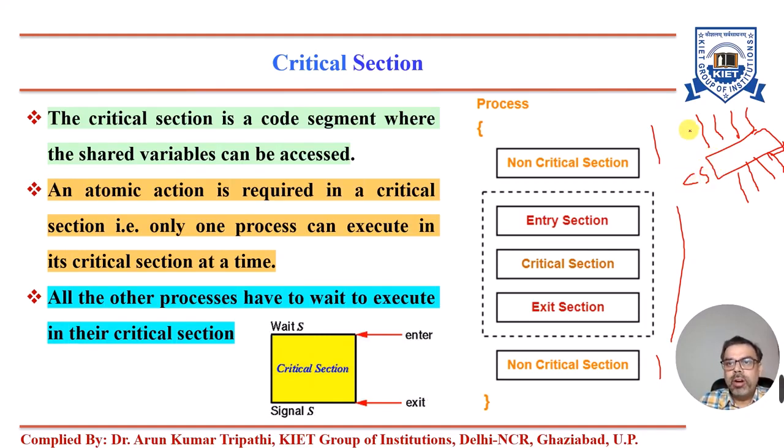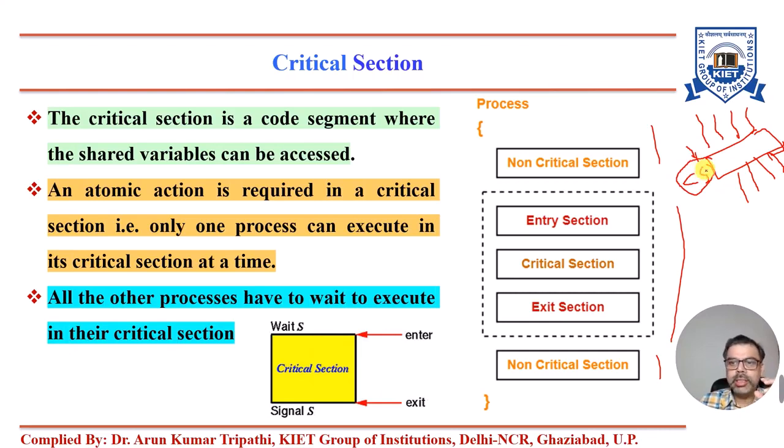Before that, a number of processes can execute their tasks simultaneously, for example, filling up the name, age, berth, etc. information. But after payment, when the reservation or the seat allocation process takes place, that is known as the critical section. And in the critical section, only one process can enter at a time.